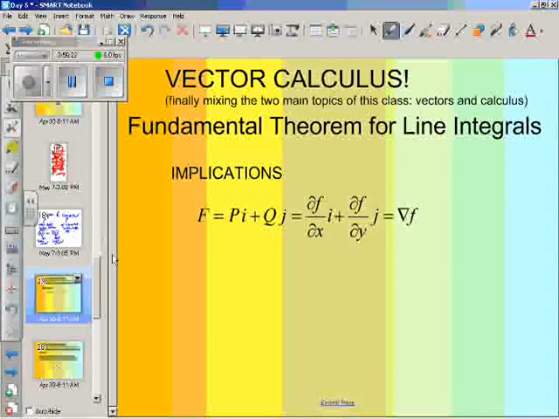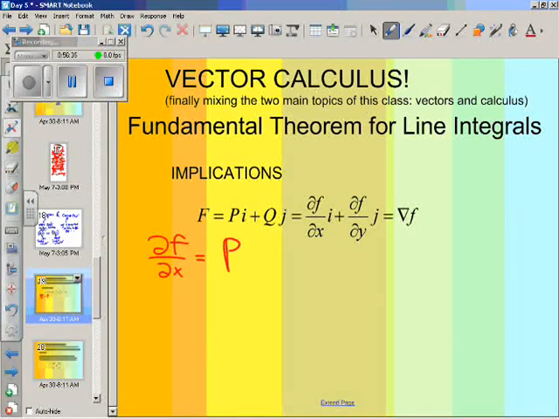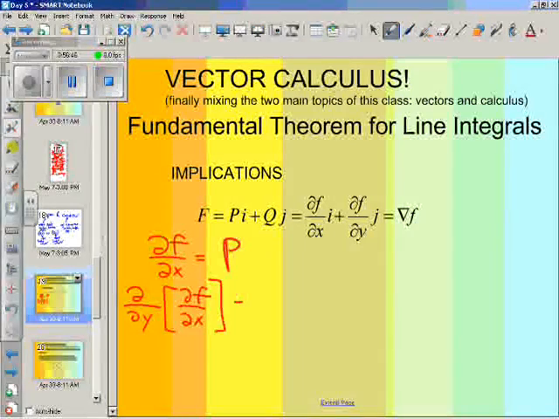Use one quick observation. Okay? So remember, this says that df/dx equals P. And so if we want to take the derivative with respect to y of df/dx, well, that would just be the derivative of P with respect to y.